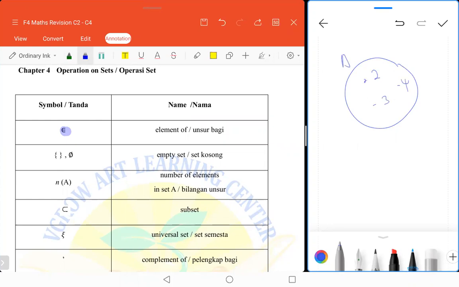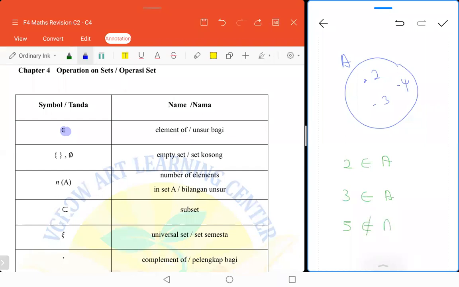So this is set A. 2 is an element of set A. 3 is an element of set A. 5 is not an element of set A. So this is what element of means.